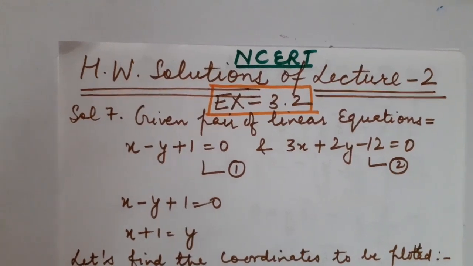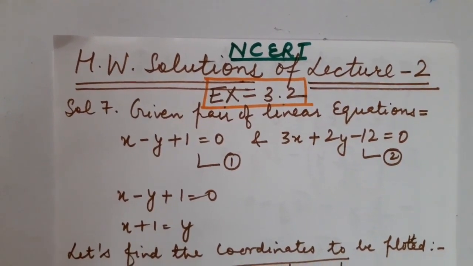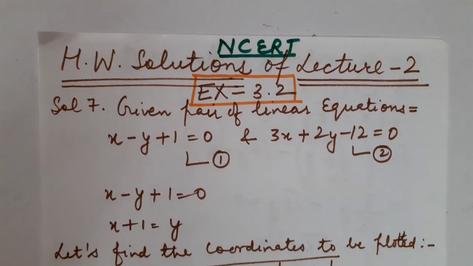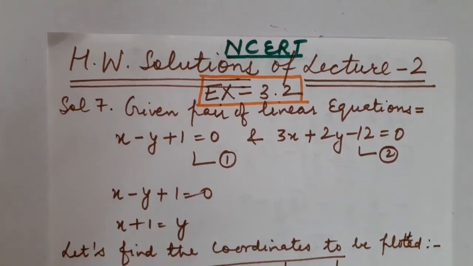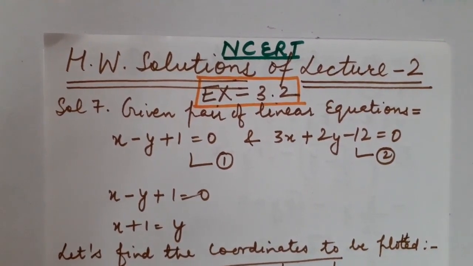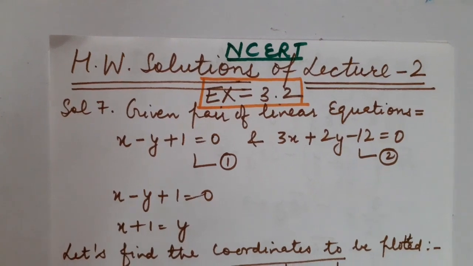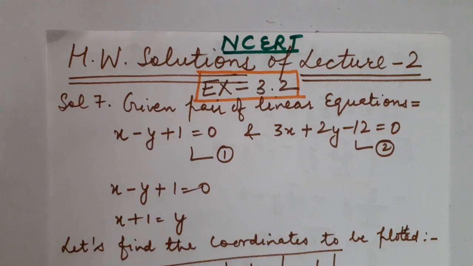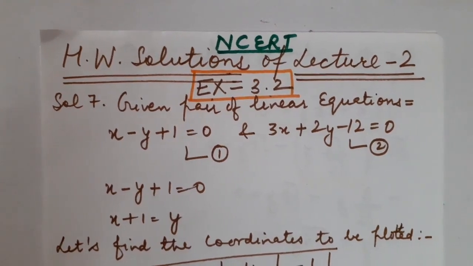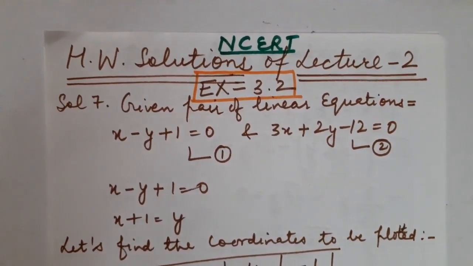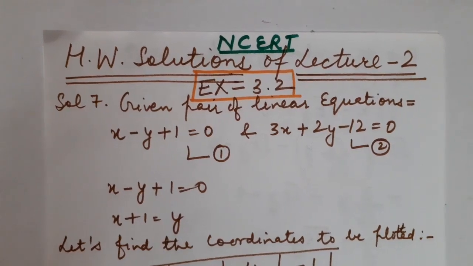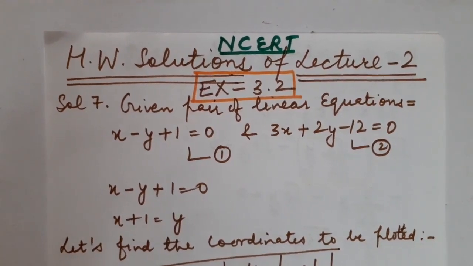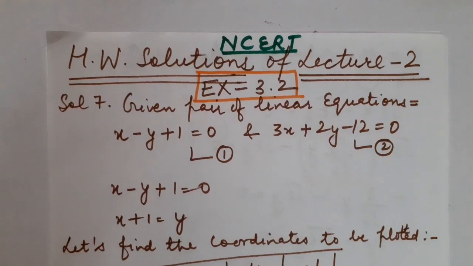Now children, this is a homework question which I am going to take. I found question number 7 of exercise 3.2 a little bit difficult for you, so I am going to take that question. Please listen to the question very carefully. Draw the graph of the equations x minus y plus 1 is equal to 0 and 3x plus 2y minus 12 is equal to 0.